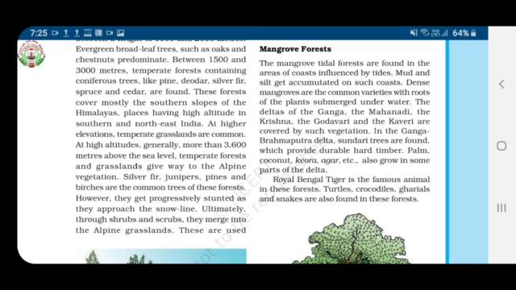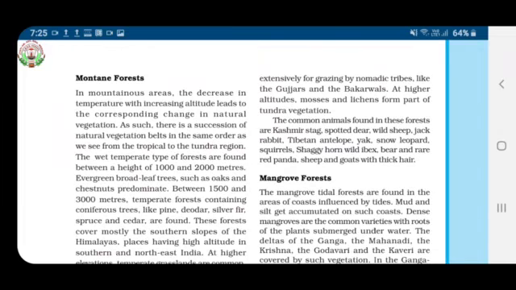The Kashmir stag, spotted deer, wild sheep, jackrabbit, Tibetan antelope, yak, snow leopard, squirrels, shaggy horn, wild ibex, bear, and rare red panda. Sheep and goats with thick hair are the common animals found in this forest.